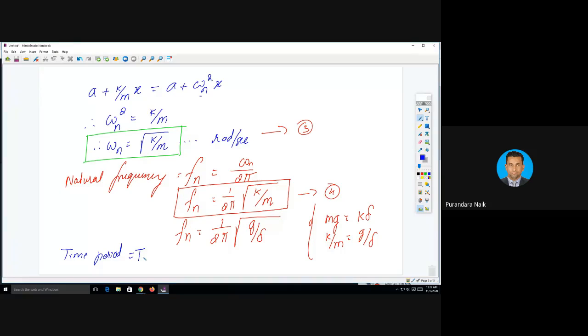The time period T P is equal to 1 by Fn, which is equal to 2 pi square root of m by k. It is the reciprocal of Fn. Equation number 5. That's all.